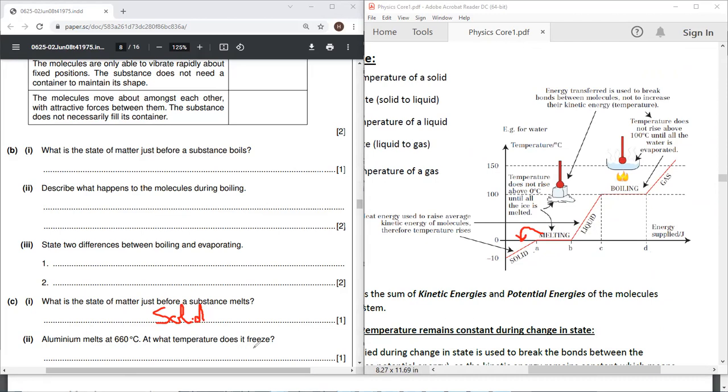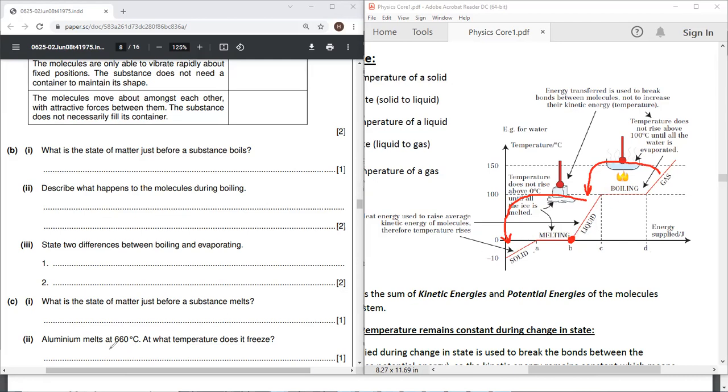At last, aluminum melts at 660. At what temperature does it freeze? We said before that changing from a gas to a liquid is called condensation, and from liquid to solid is called solidification, or freezing. Now, to change the state from liquid to solid, what will the temperature be?